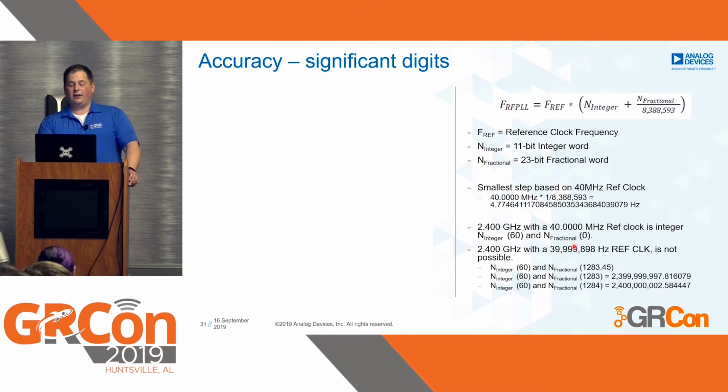If you have a clock with a 39.9998898 megahertz reference clock, because your reference clocks are not going to be 100% accurate, they may have a few ppm offset, you'll never actually be able to get to 2.4, because this piece in here needs to be 1,283.45, which you can never get to.